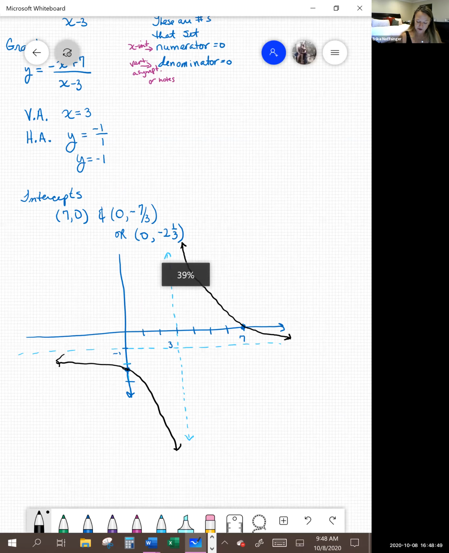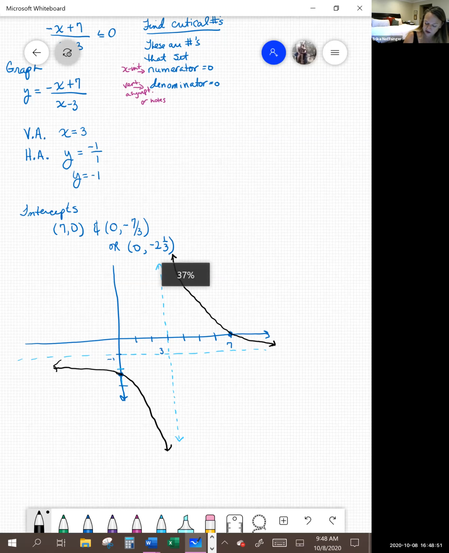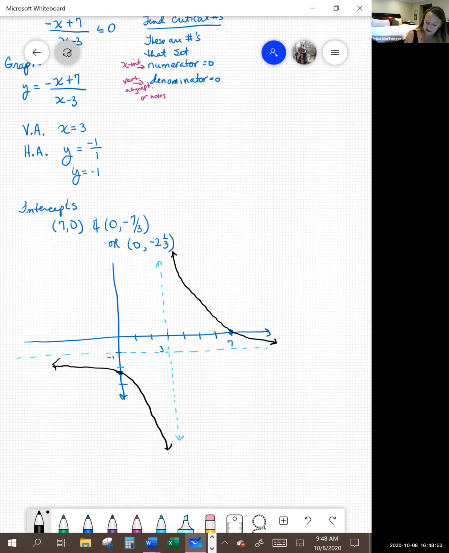So when you find your critical numbers, our critical numbers would have been, like I said, when our numerator is equal to 0, which was 7. And at our vertical asymptote, 3.